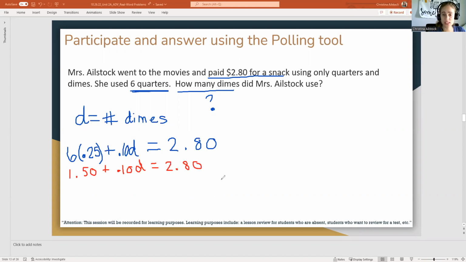All right, now that we've simplified, we can go about solving. So we're going to subtract $1.50 from both sides. We're left with 10 cents per dime is equal to what?